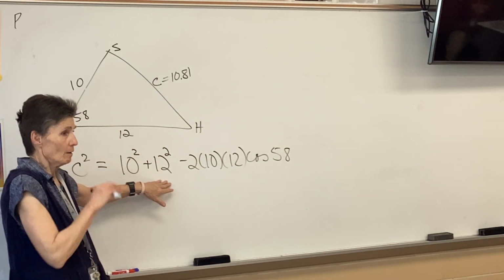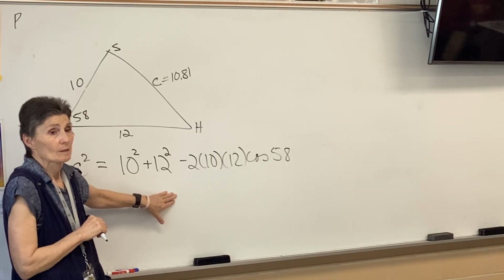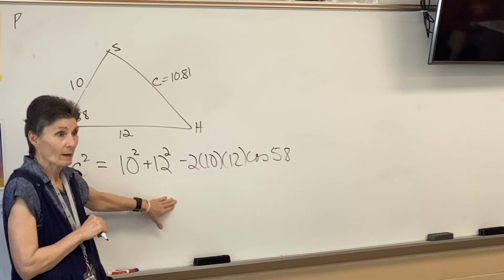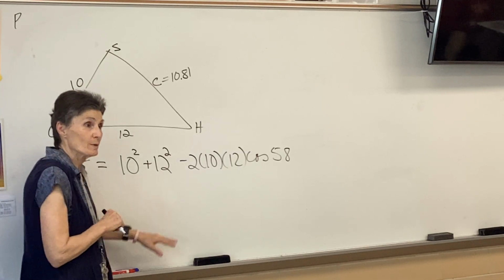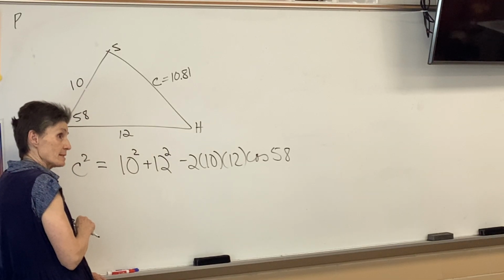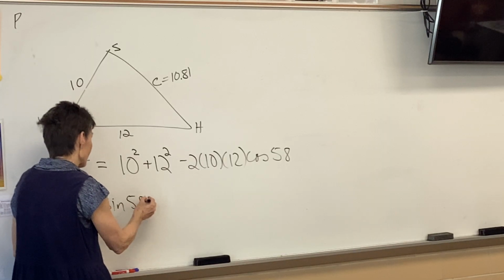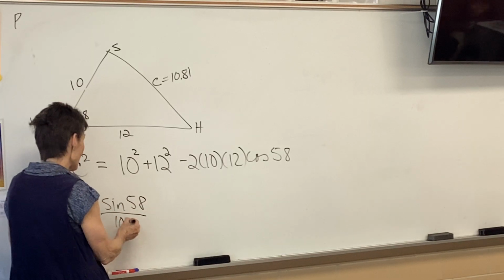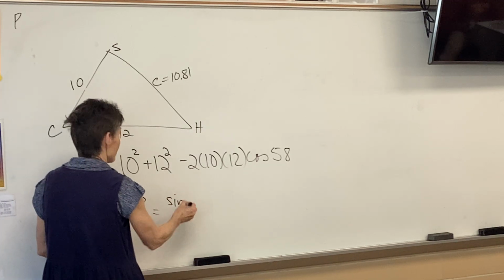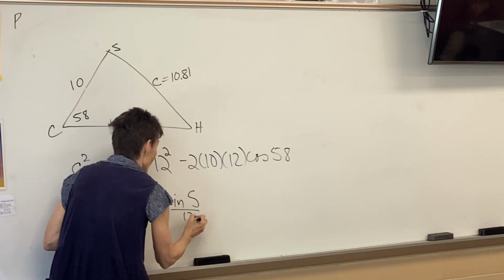116 or something. Now, look at my picture now. Now I got a pair. So now I can do my law of sines. So sine 58 over 10.81 equals sine S over 12.